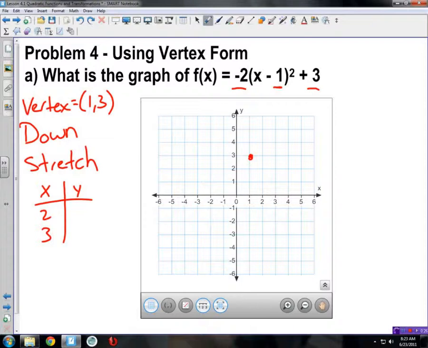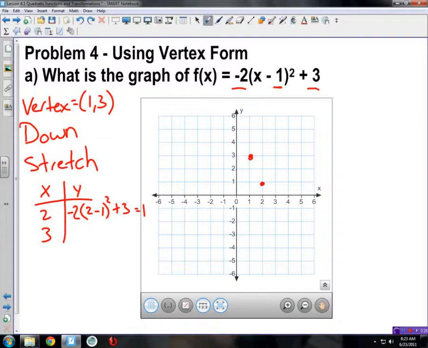So if I plug 2 into this equation, I get -2 times (2 minus 1) squared plus 3, which is 1 squared times -2, which is -2. -2 plus 3 is 1. So at 2 it's 1.